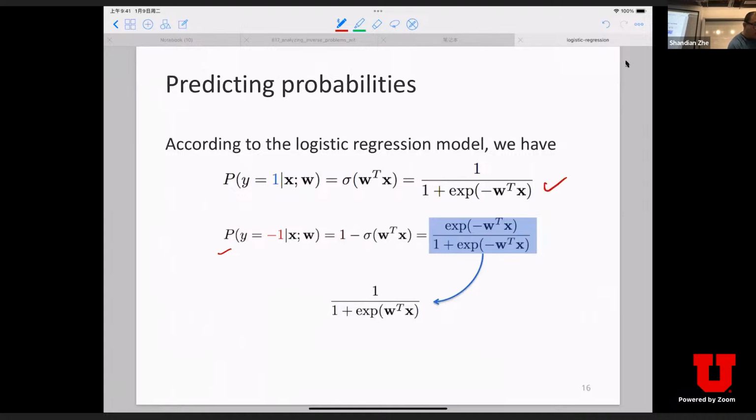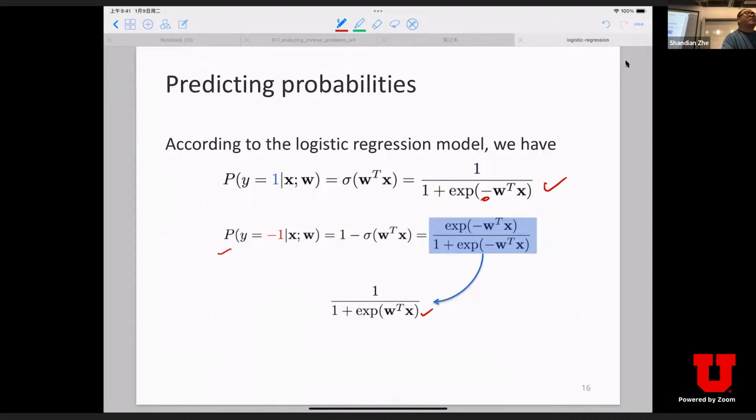Compared to the likelihood for the positive label, what's the difference? Yeah, there's only one additional minus sign here.